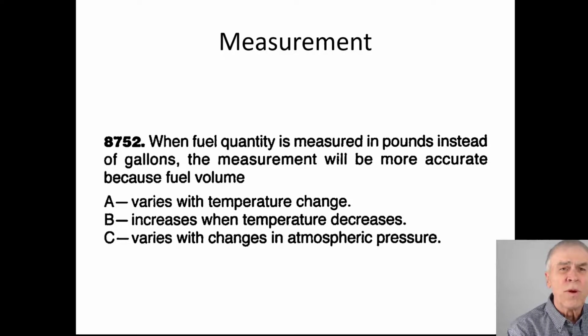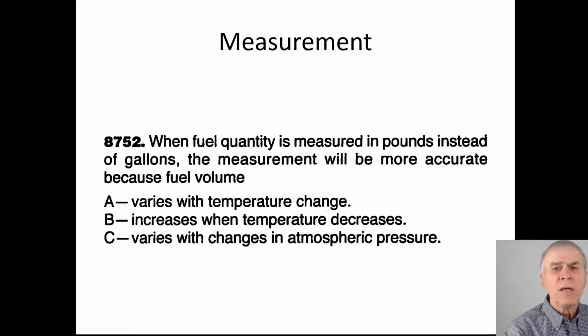The question is, when fuel quantity is measured in pounds instead of gallons, the measurement will be more accurate because fuel volume: A, varies with temperature change; B, increases when temperature decreases; or C, varies with changes in atmospheric pressure. Well, we've been talking about temperature, so I wouldn't jump into any pressure situation.